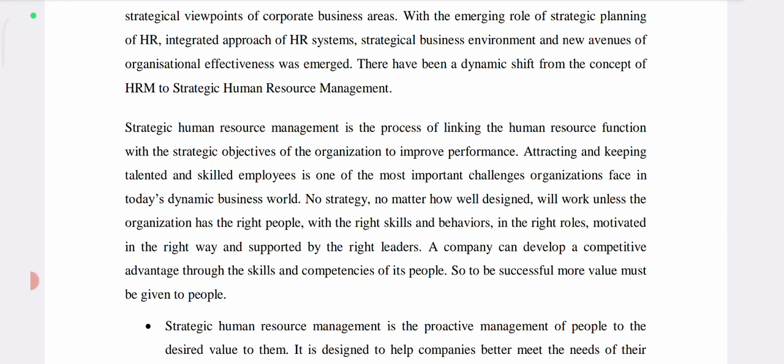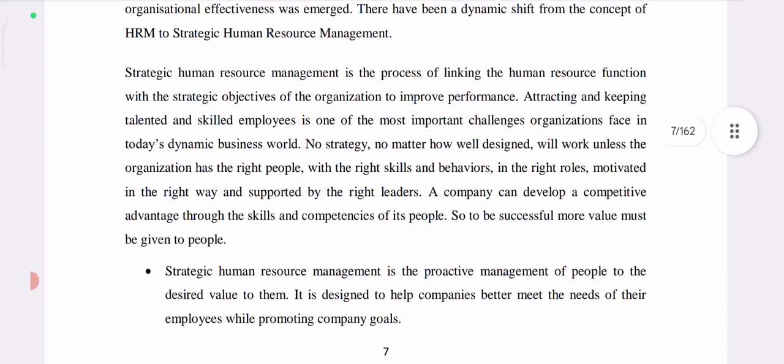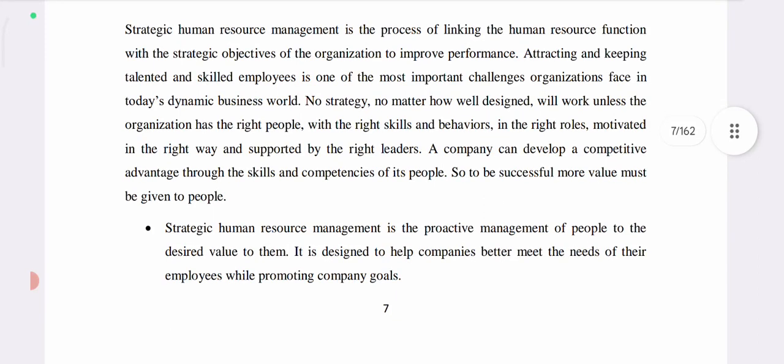We were living in an era in which human resource began to be our asset, and our strategies began to depend on human resource. This process was linking human resource function with the strategic objective to improve organization performance. This all was for the skilled employee and for the dynamic business world.